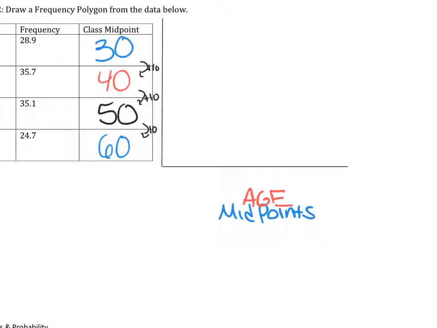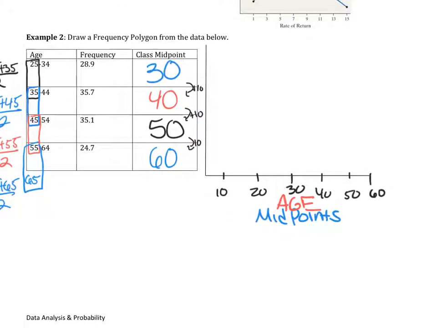And so we can go up by 10s, 10, 20, 30, 40, 50, 60. But this would be our frequency. And our highest one is 35.7, so maybe we can go up to 40. So we'll have 20 in the middle.